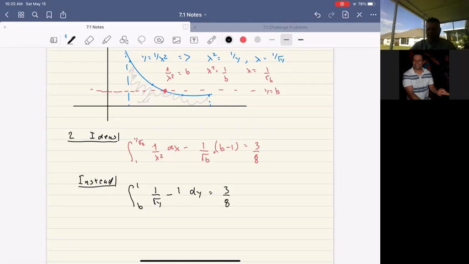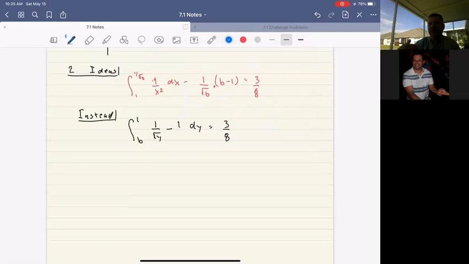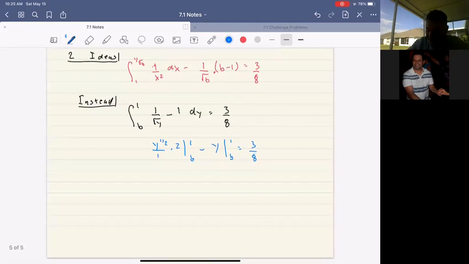Okay, let's go ahead and do it. So y to the negative 1/2, when we integrate that, that is actually y to the 1/2 divided by 1/2, minus y. Looks to me like it's going to be exactly the same algebraic problem.